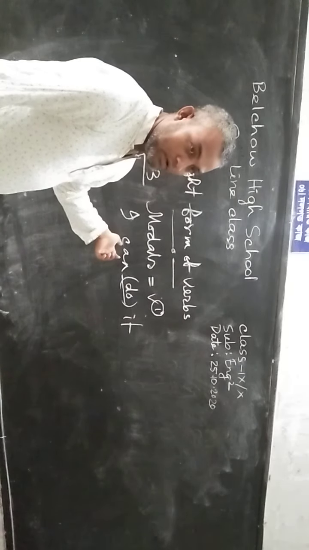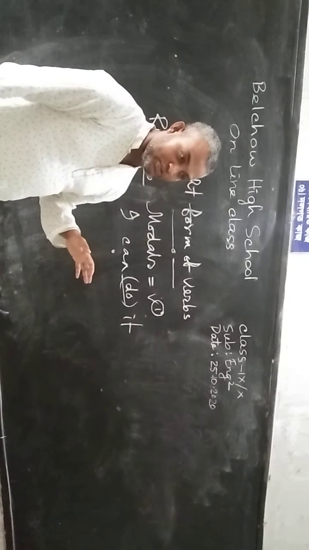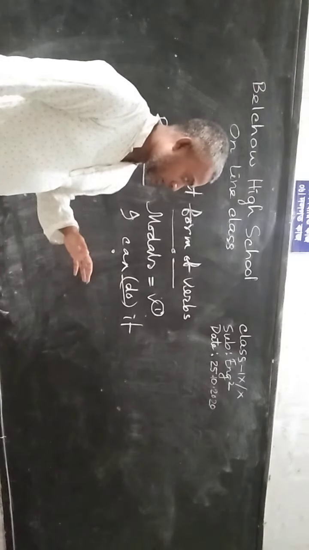In this way, we know that there are 25 or 24 modals: can, could, may, might, shall, should, will, had better, would rather.